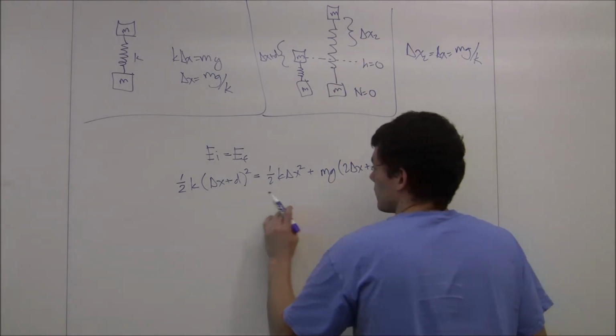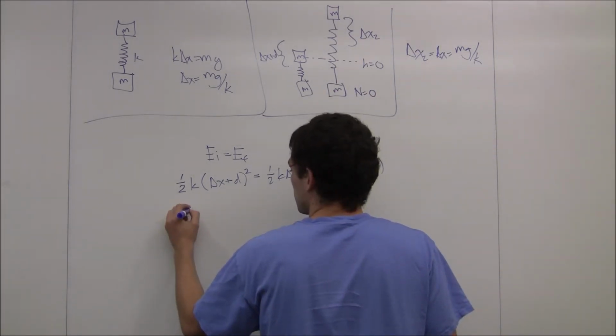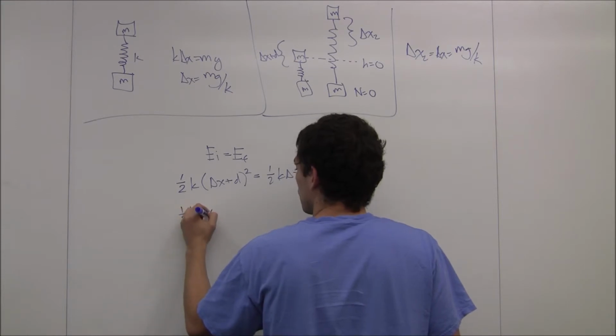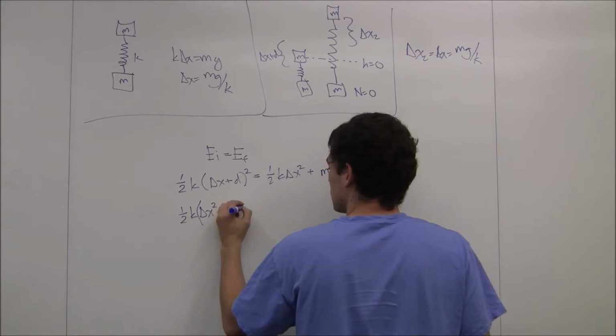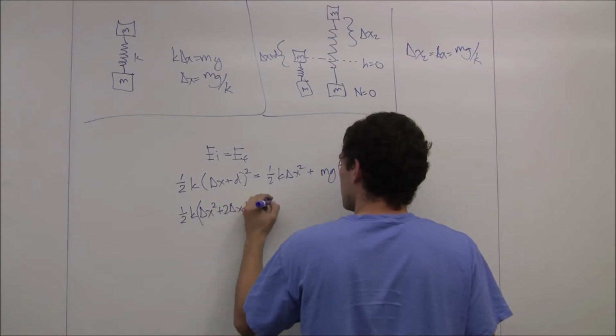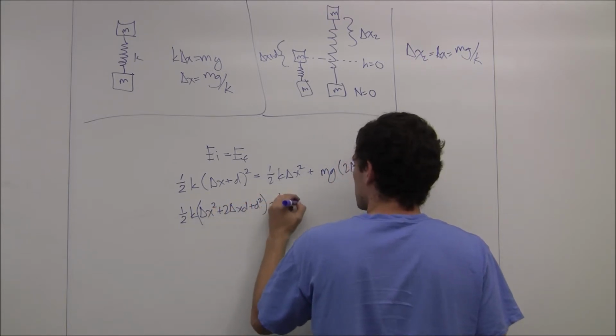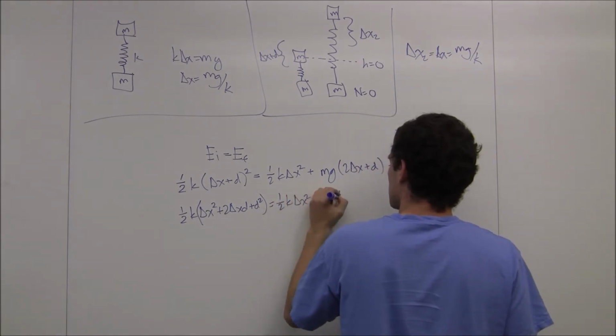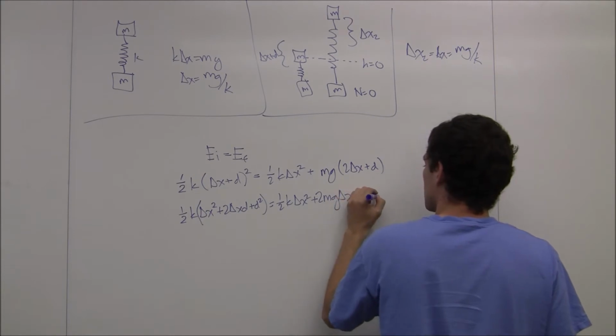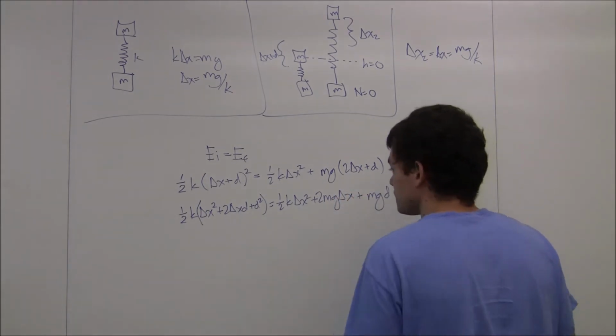Now we can square out this term so that we can simplify the equation. We get 1 over 2 k times delta x squared plus 2 delta x d plus d squared is equal to 1 over 2 k delta x squared plus 2 mg delta x plus mg d.